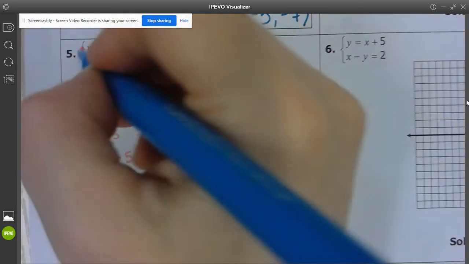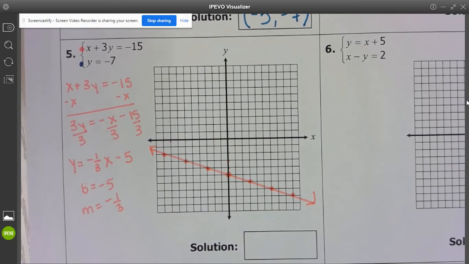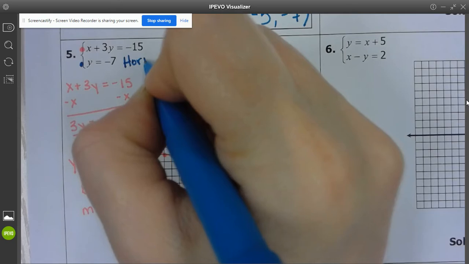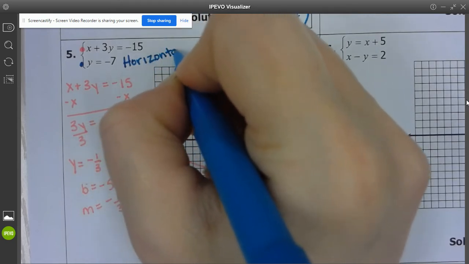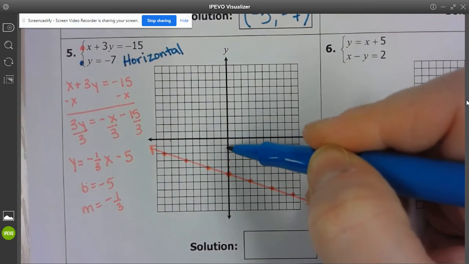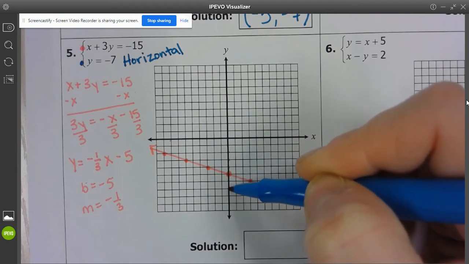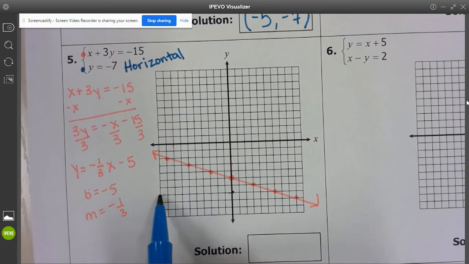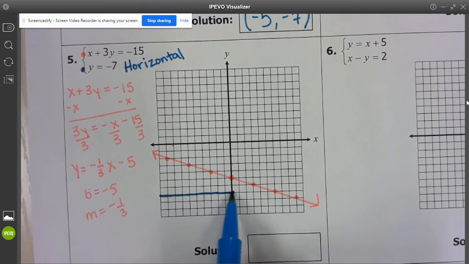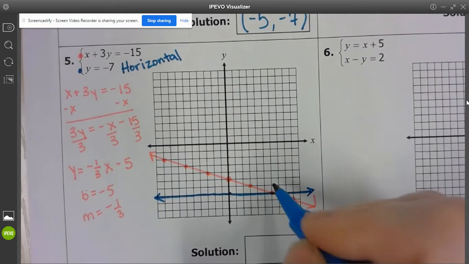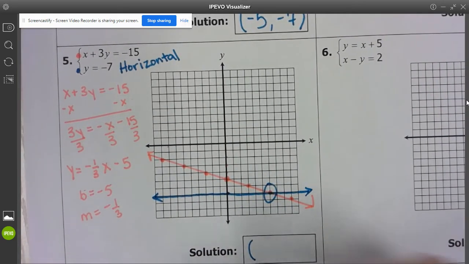Now with our second equation, y being equal to -7, that's a horizontal line. Anytime I see y equals a number, it is horizontal. Down to 7, this was 5, 6, 7. So that tells me this line is going this way, and there's my intersection point.